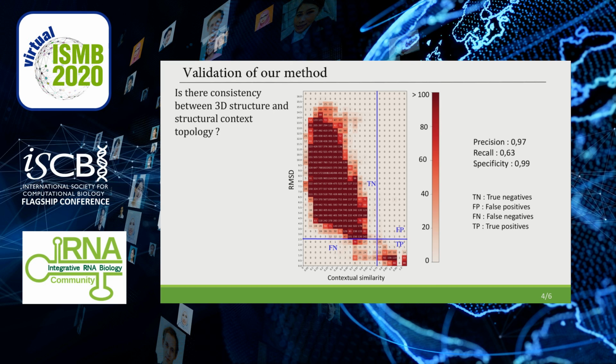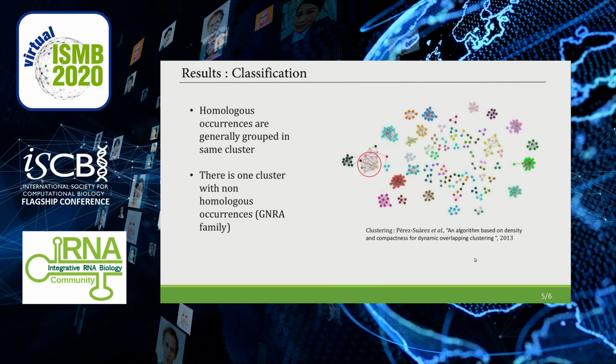And there are here the statistics we obtain with this threshold. And so we have a very good precision, but a low recall. But in general, we can say that RMSD and contextual similarity are correlated. And after that, I will talk about the classification we obtained.